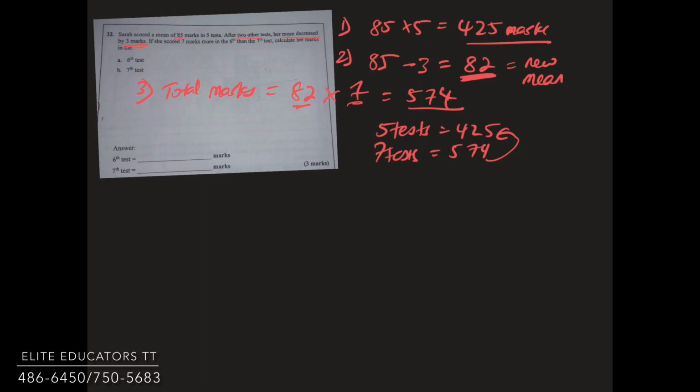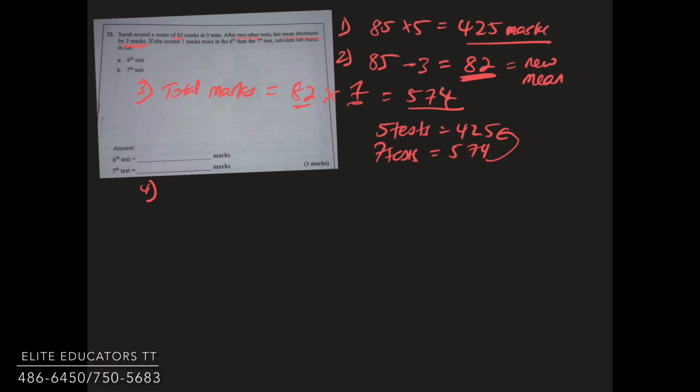So if we find the difference between 574 and 425, that difference will be the total of the 6th and 7th tests combined. So let's do that. That'll be step 4. I'm just doing this question from the top of my head, hence the lack of writing.